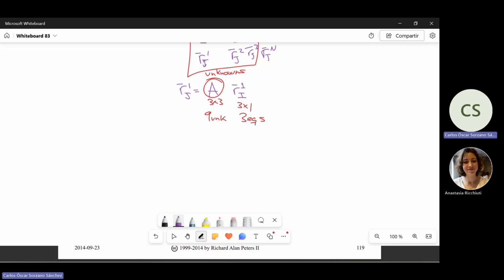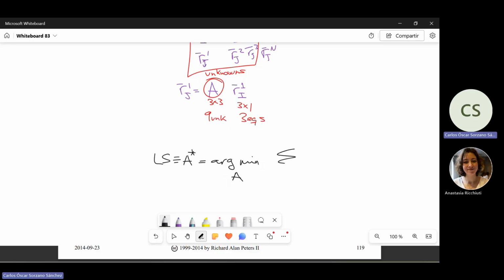Okay, so let us write the least square solution. The least square solution is some matrix that minimizes this.